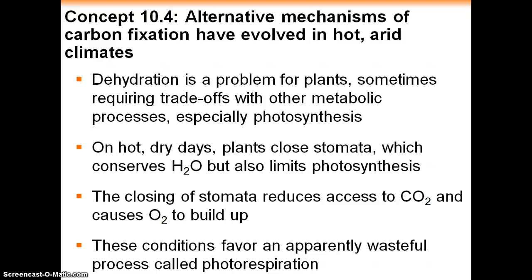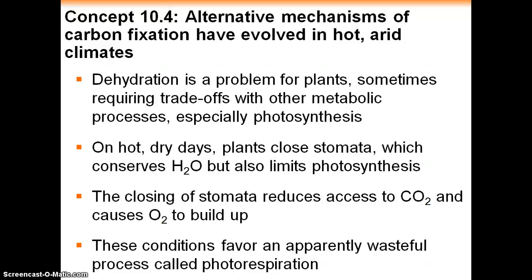So dehydration is a problem for plants who are trying to survive in hot, arid climates. And so what is required is a trade-off with the efficient metabolism that's occurring through photosynthesis.